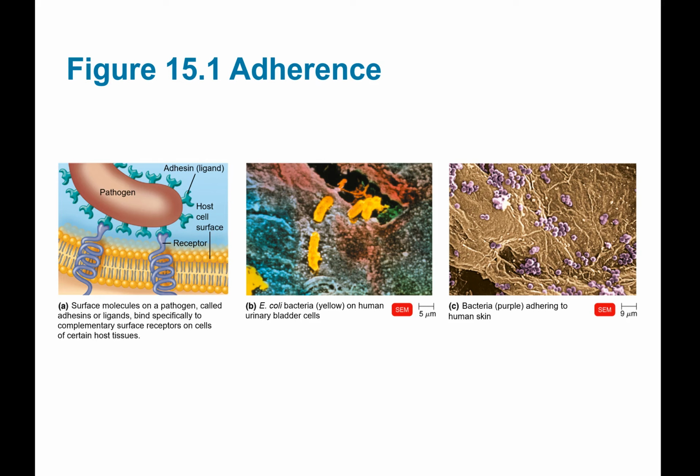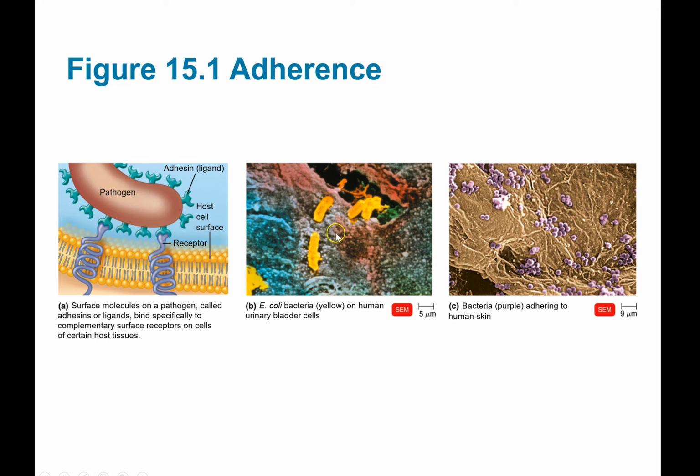Here are some diagrams showing that usually there's some kind of binding of a receptor on the host cell and some kind of adhesin or ligand, some component on the microbe's surface. If it's a virus, it might be a spike. If it's bacteria, it might be a capsule or a cell wall component if they don't have a capsule.